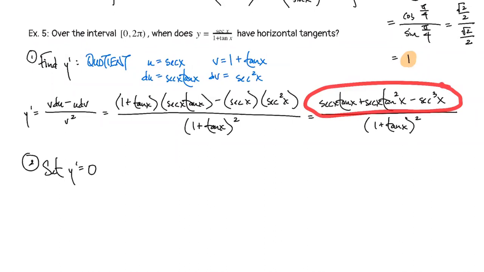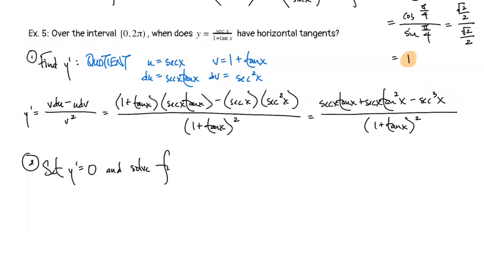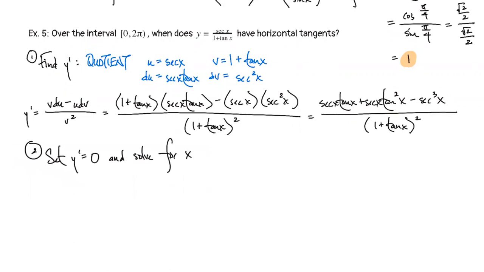If that numerator is 0 and the denominator is defined, then we're going to get a 0 out. So when I do this next step, set y prime equal to 0 and solve for x, I'm going to go ahead and only grab the numerator.